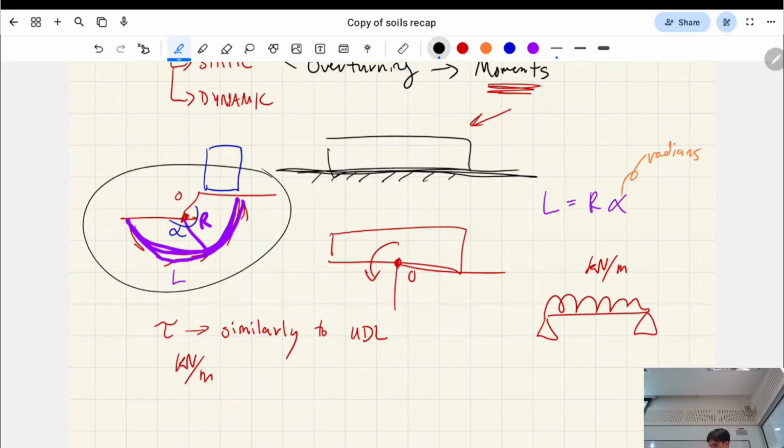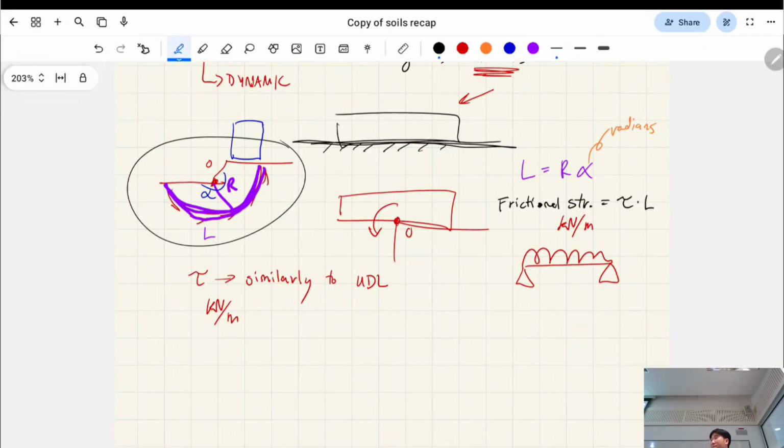In order to get the frictional strength of the soil, it's basically tau, a material property, multiplied by the length, which is resisting, right? So you can imagine more length means more soil is resisting it in friction, like that. That's going to give you your resisting moment, right?